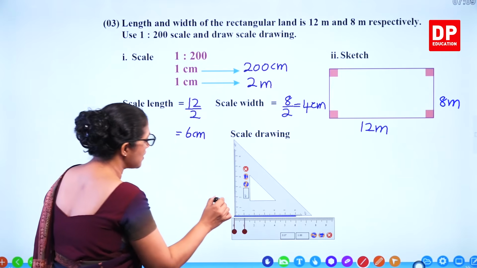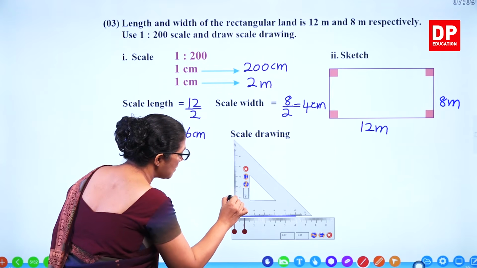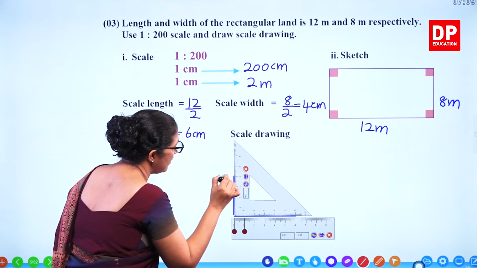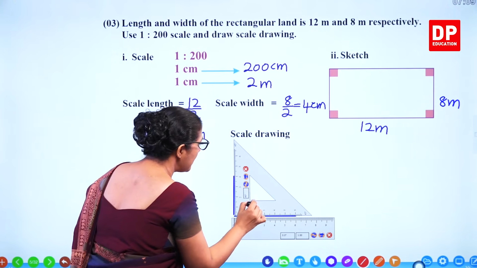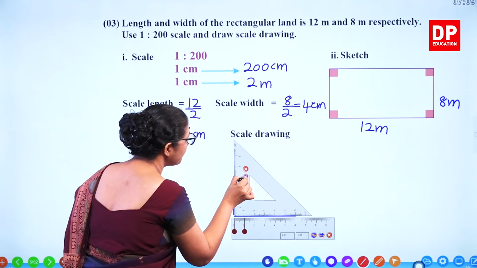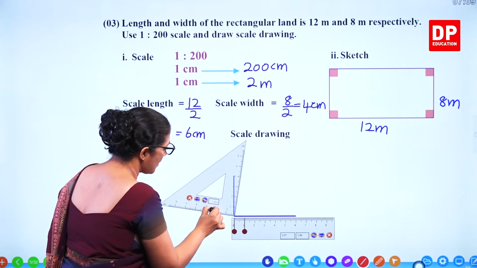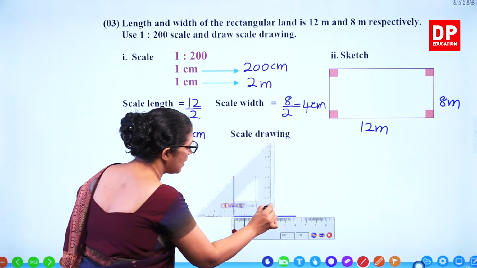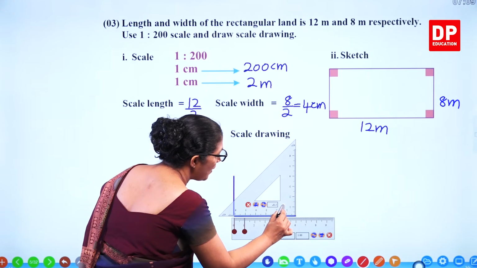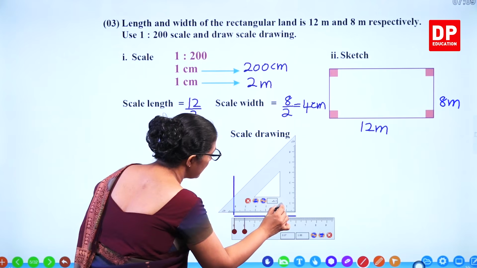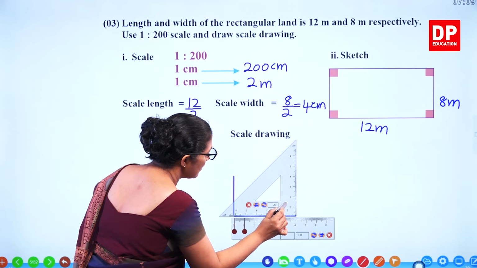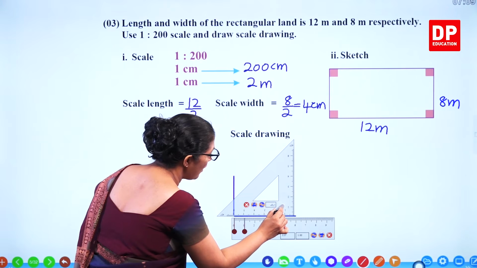So what's the width? 4 centimeter. So we'll take 4 centimeter length here and then keep the set square onto the other end and draw the other perpendicular line. So this is the point.